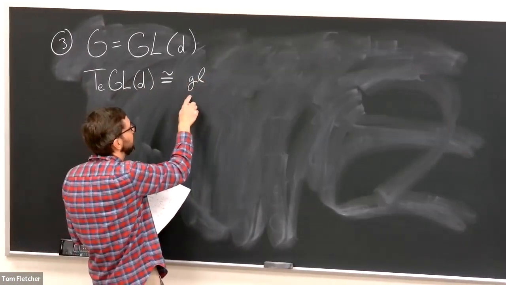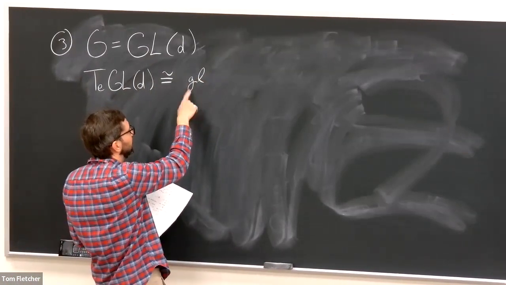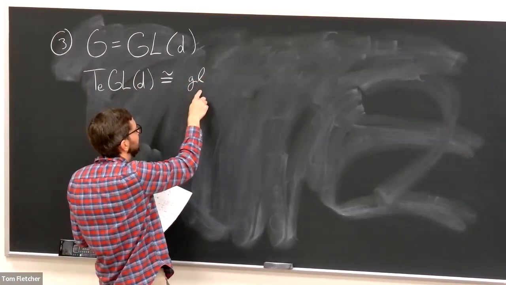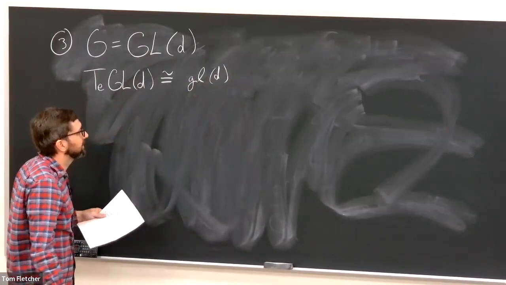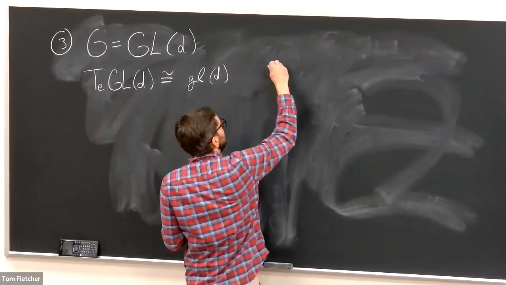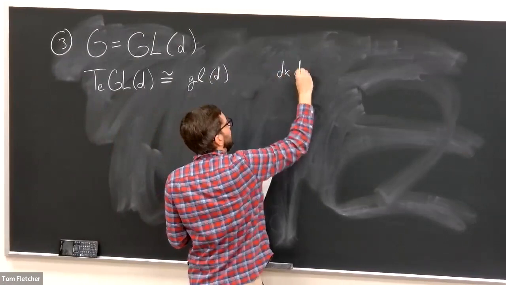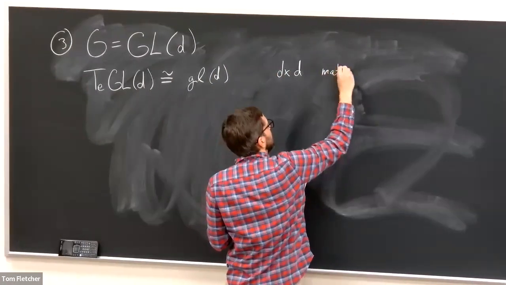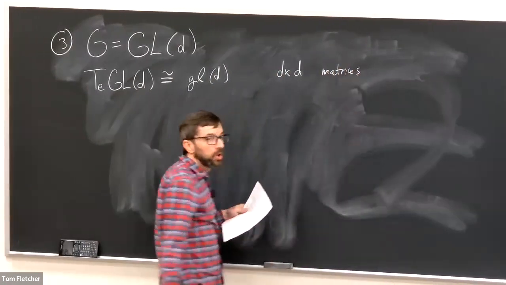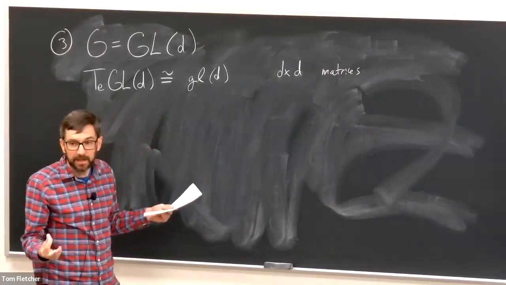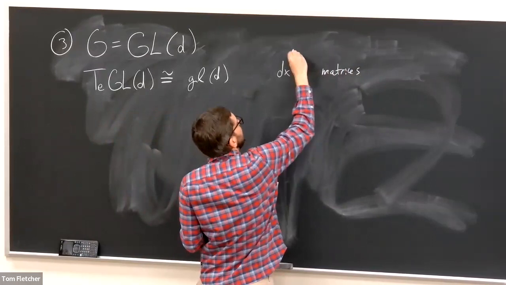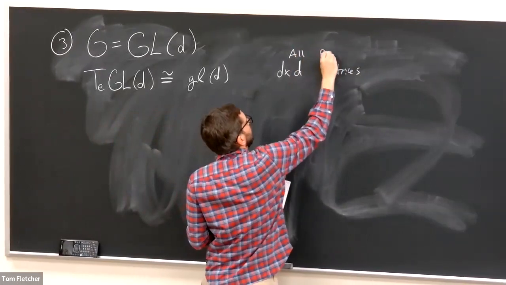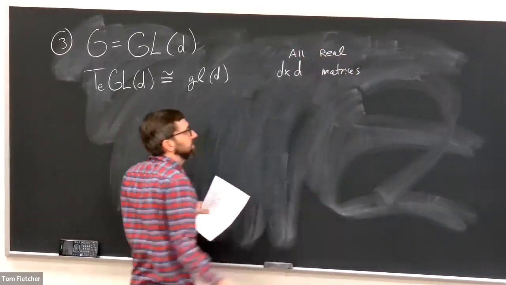Think of that old German font g and l of D. And what this is, in words, is all real valued D by D matrices.